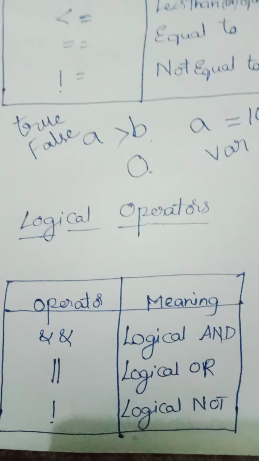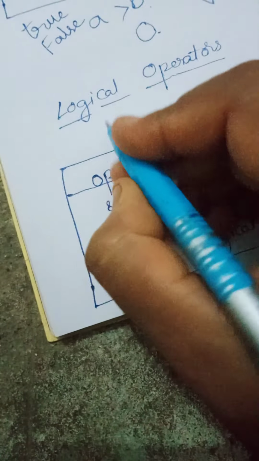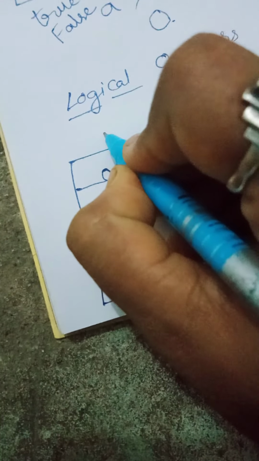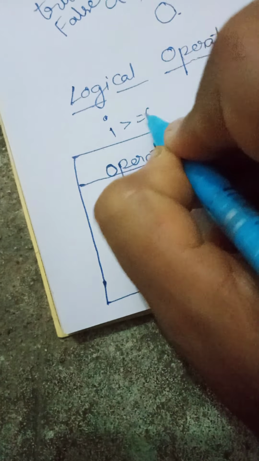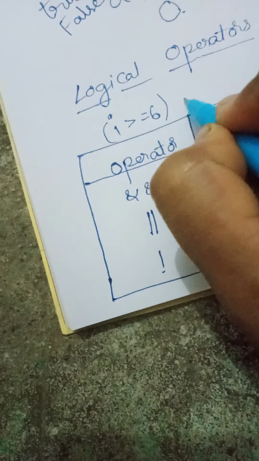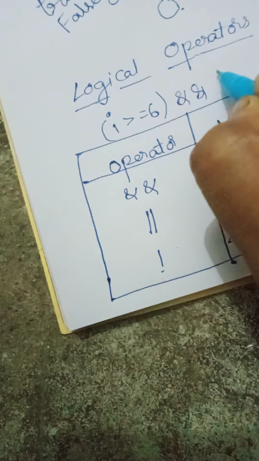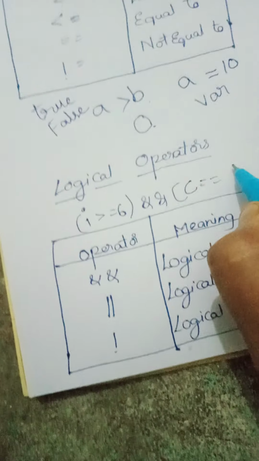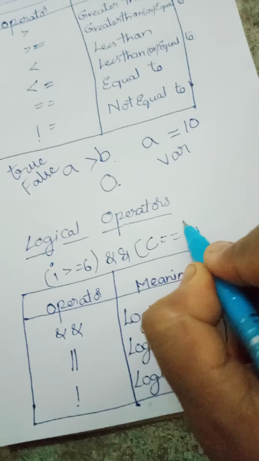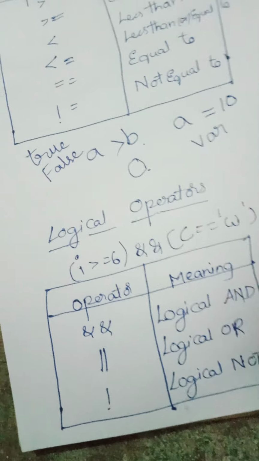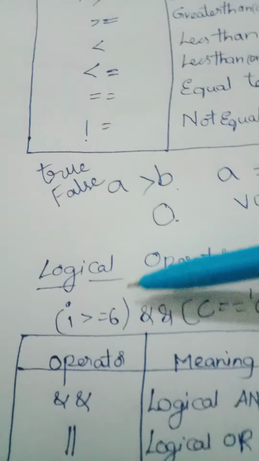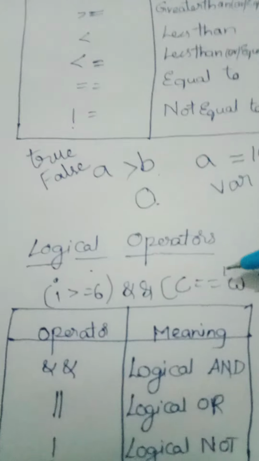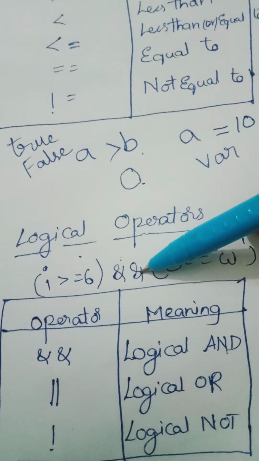For example, see here, I write one example here: I greater than or equal to 6 and C equal to W. In this example, we define the relationship between the two relational expressions using the logical operators.